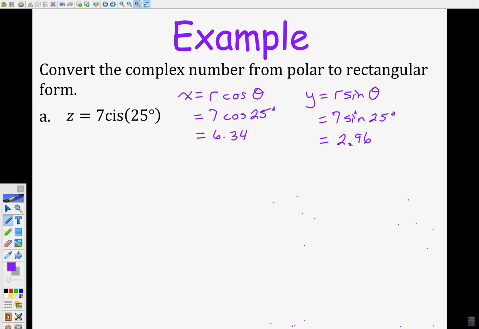So if I'm going to write this in rectangular form, I would write 6.34 plus 2.96i. Trying to make my decimal places show up. And that's it. I've converted it to rectangular form.